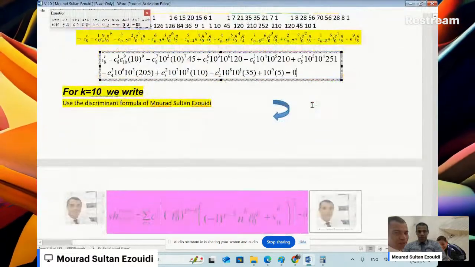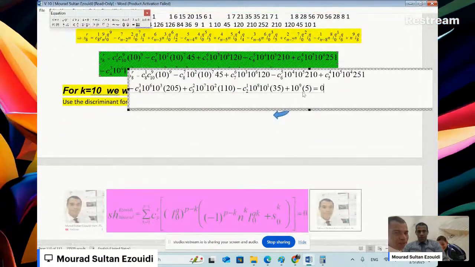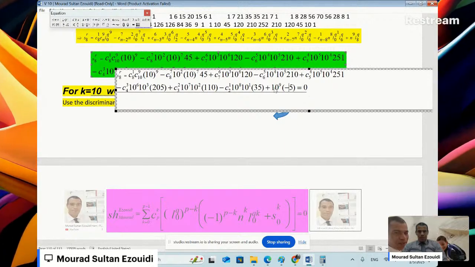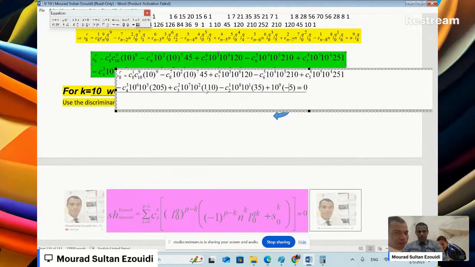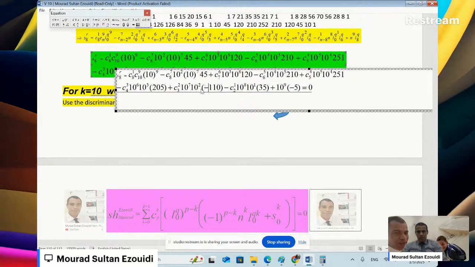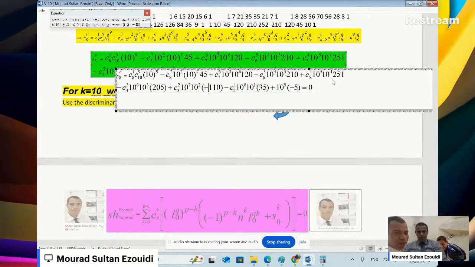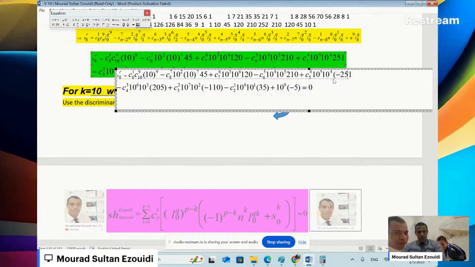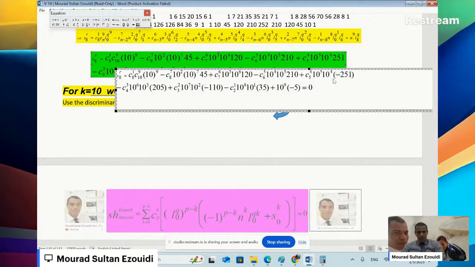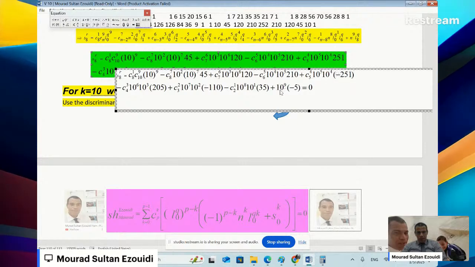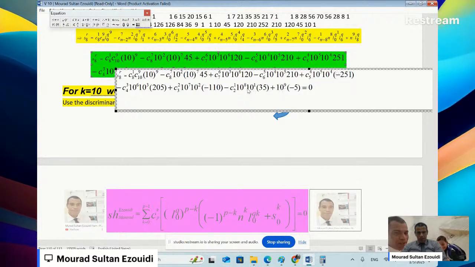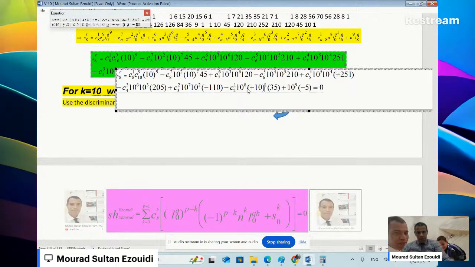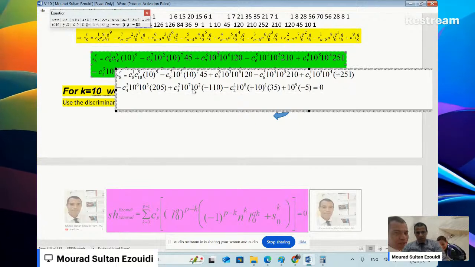Okay, so this is negative 5. Okay, this is negative. This is positive. This is negative. I guess this is also negative 10. This is also negative 10 squared.